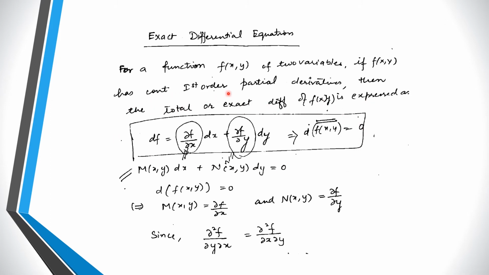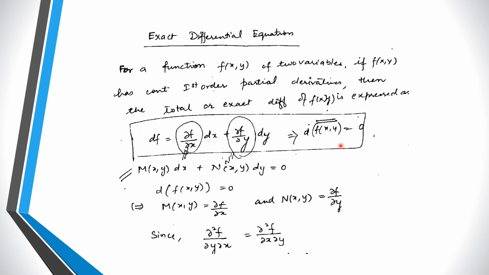So if you are given a function of two variables, and if df, which is the complete derivative of f, is given in this form, partial derivative of f with respect to x into dx plus partial derivative of f with respect to y into dy, then we can write this as the derivative of the function equals 0, and simply with one time integration we will have the solution. So the solution will be f of x, y is equal to a constant.